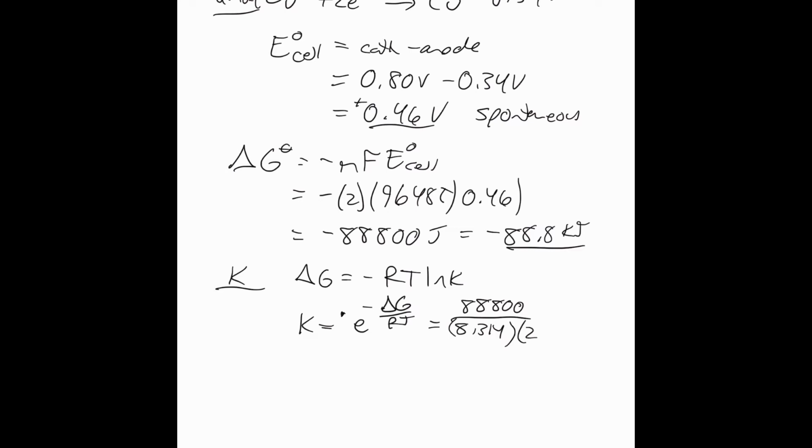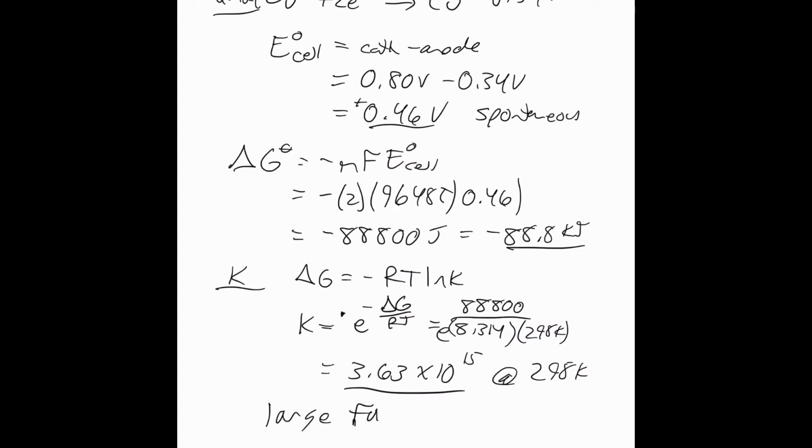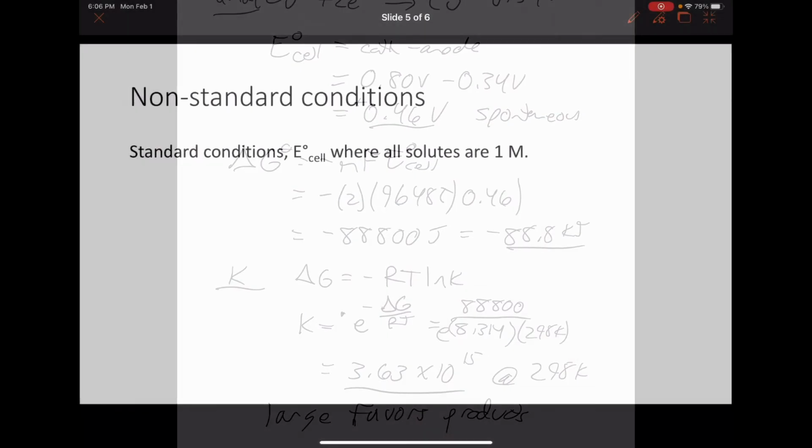But we're going to go ahead and do it at 298 Kelvin because that's important. And so this K is 3.63 times 10 to the 15th at 298 Kelvin. So once again, large, which favors products, much like what our delta G and our E cell are telling us.